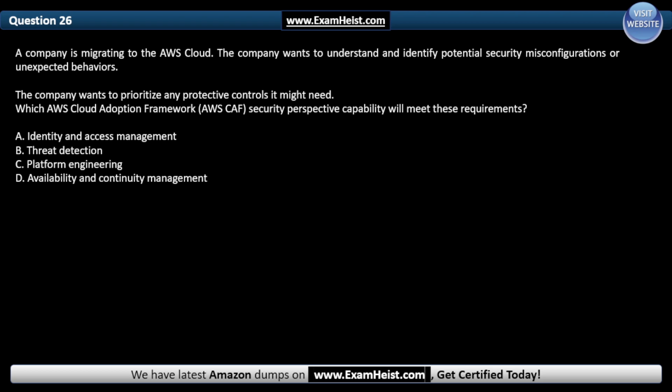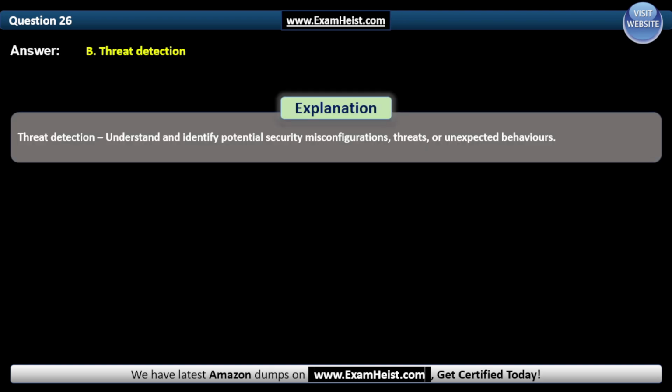Which AWS Cloud Adoption Framework security perspective capability will meet these requirements? The correct answer is B. Threat detection. Threat detection helps understand and identify potential security misconfiguration, threats, or unexpected behaviors.